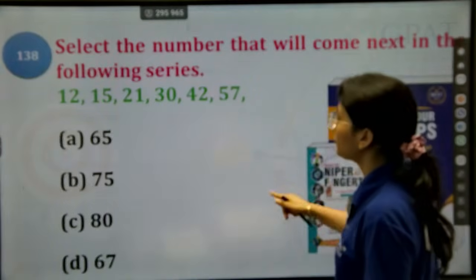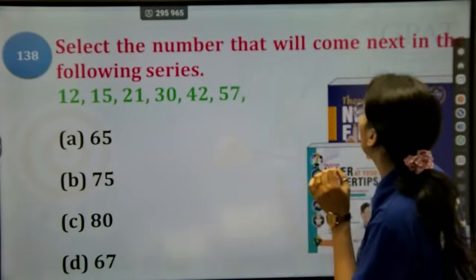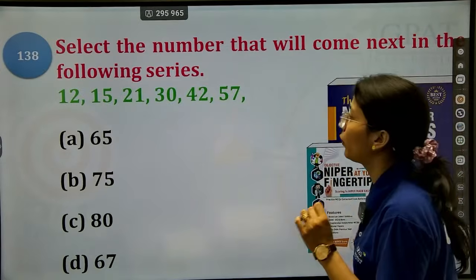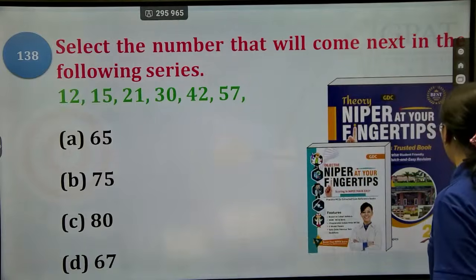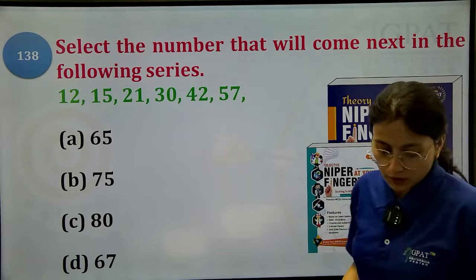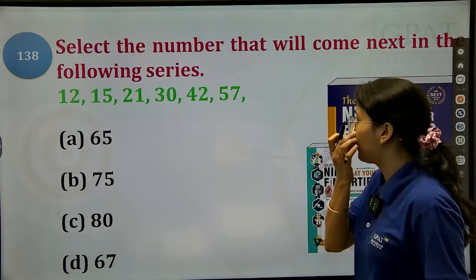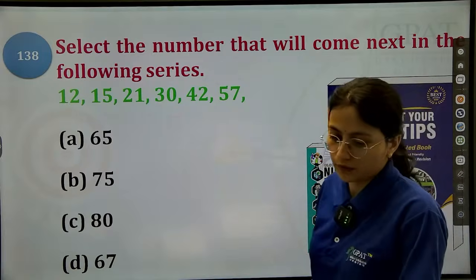Okay, now select the number that will come next in the following series: 12, 15, 21, 30, 47, 57. So we have to find what number will come after 57.